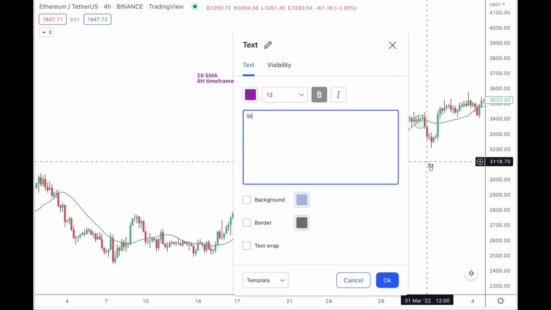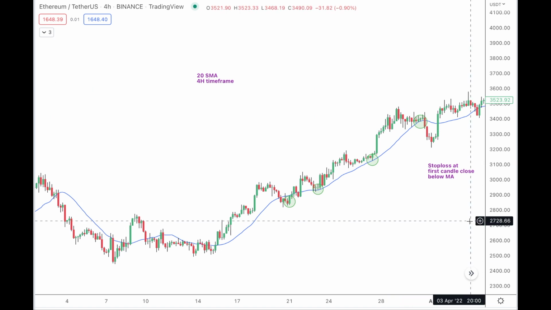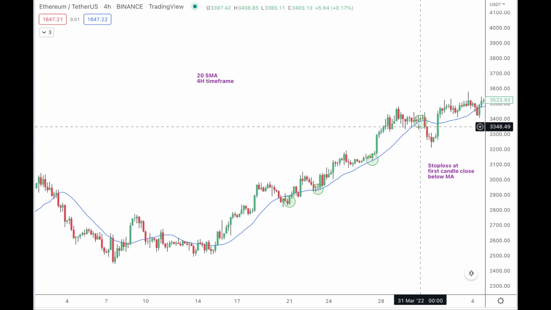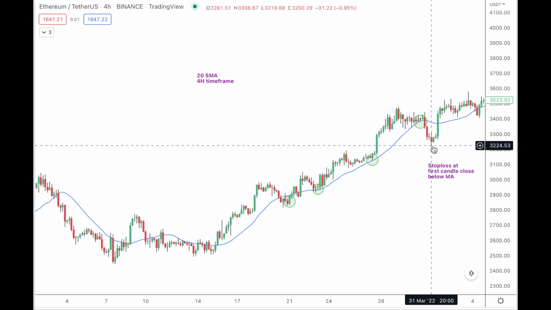But if you didn't know what was going to happen, then if the price is moving towards the MA, your invalidation zone or your stop loss, if you're actually getting into a trade, would be at the first candle close below the moving average. So over here, this candle close would be your invalidation zone, and you would exit the trade. And then you would save yourself from this whole drawdown.